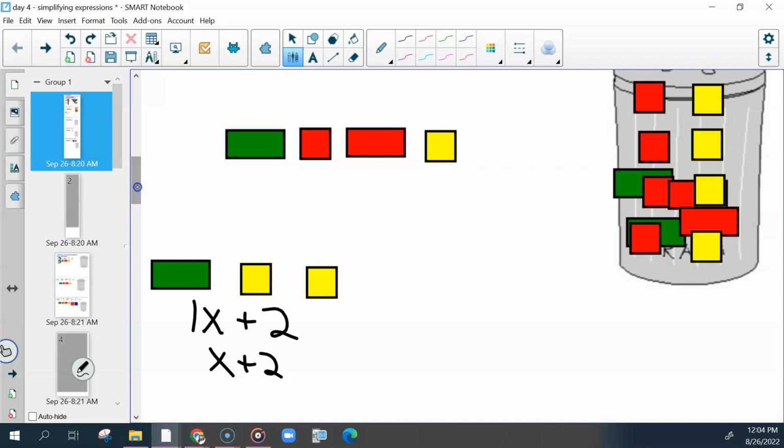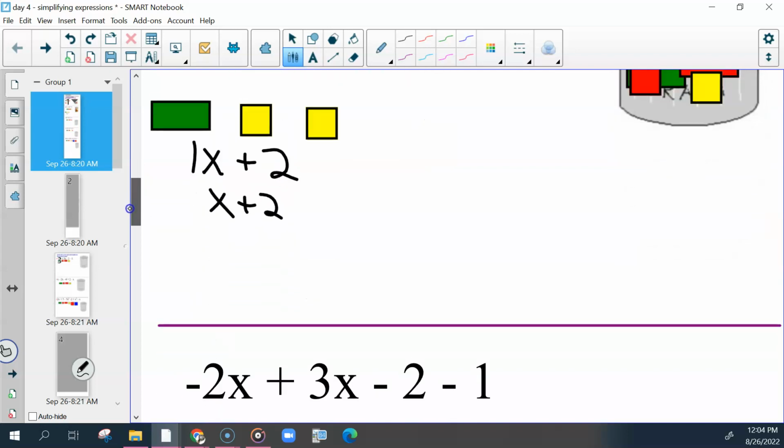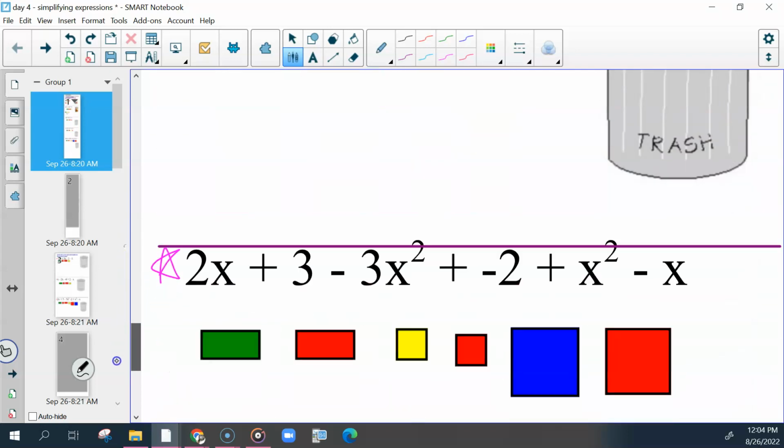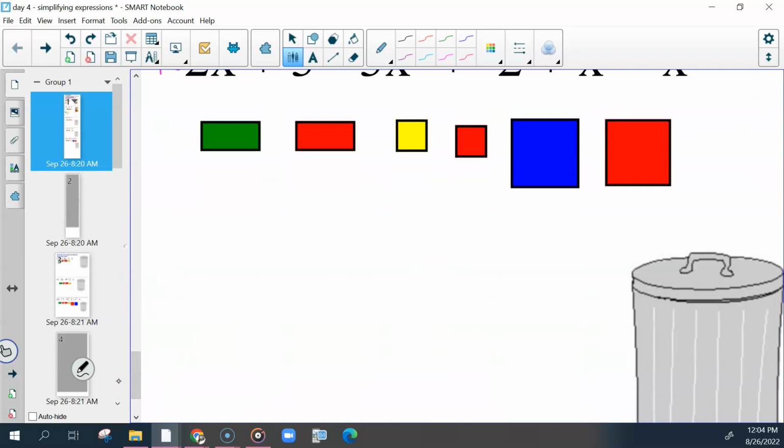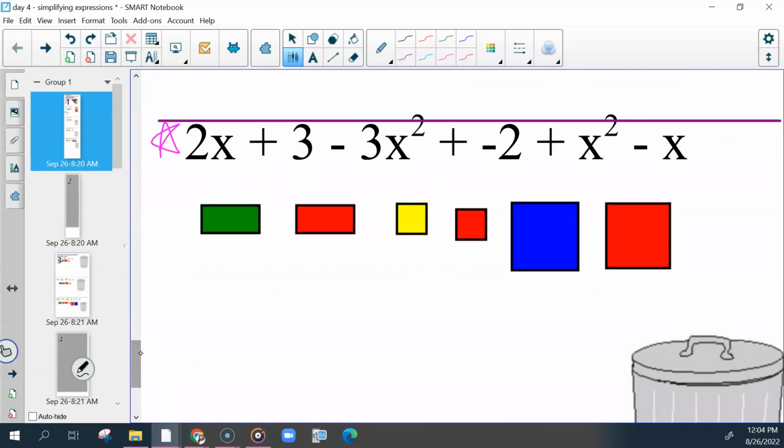We're going to do one more of these and then we'll stop for today because I let last class have a good 15-ish minutes. At the bottom of this, we need to represent each of these terms. So starting with 2x.